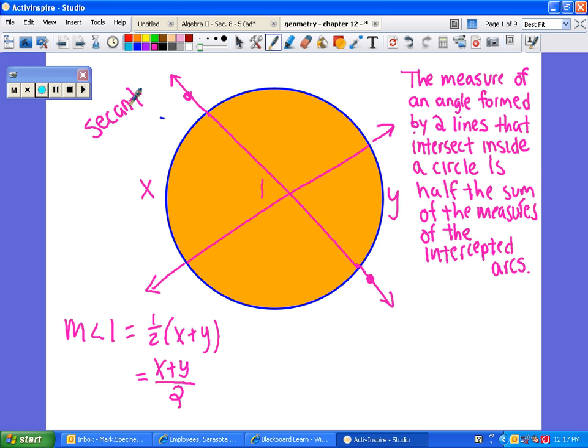So there are three different possibilities. If this is A and this is B, and you're talking about the whole line, you would say that AB is a secant line.